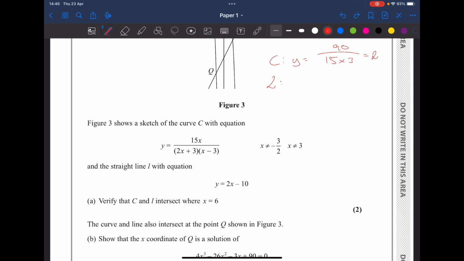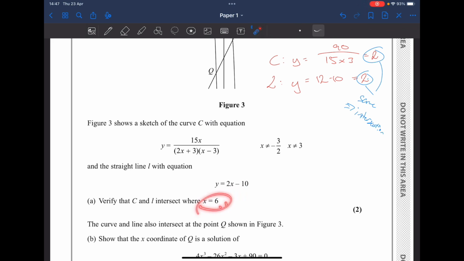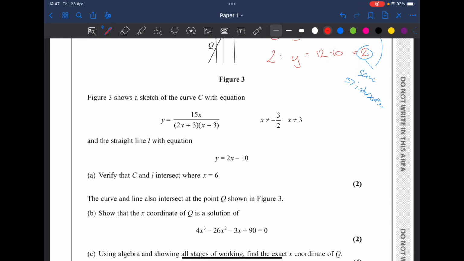For the line then, 2x is 12 minus 10 gives us 2. So these are the same. Because they're the same, they intersect. We know that when they have x coordinate of 6, they have a y coordinate of 2. So they're both at 6, 2. They're both there at the same time. They have intersected.